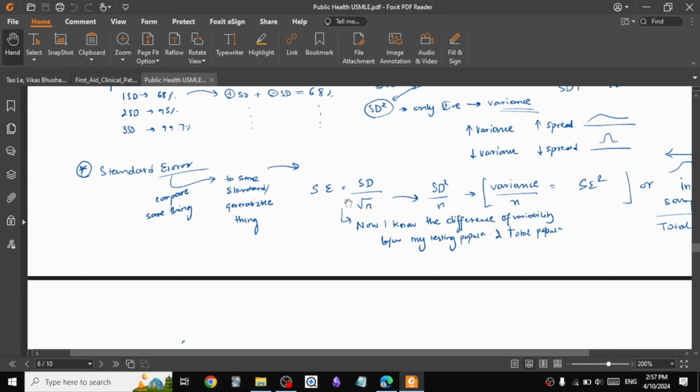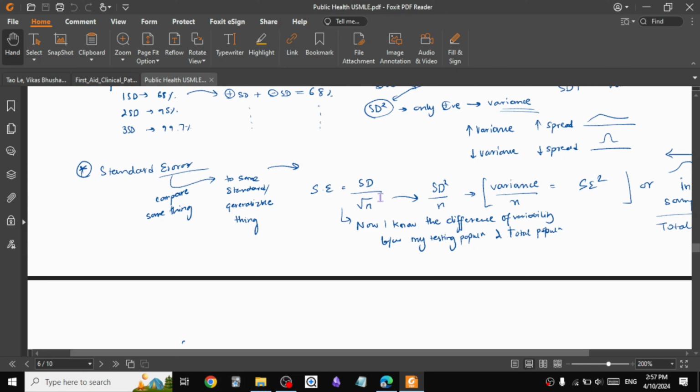So you take the standard deviation and you divide it by the square root of the total sample size you have. What this does is orient the standard deviation in such a way that now you know what the population effect of the whole sample size is.